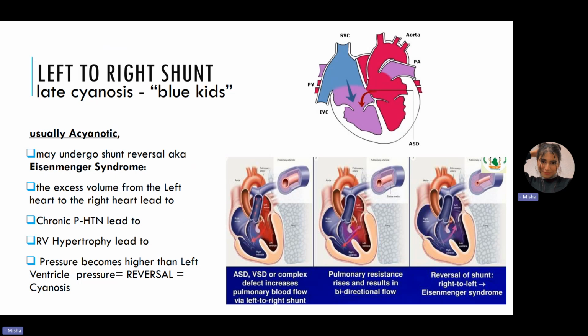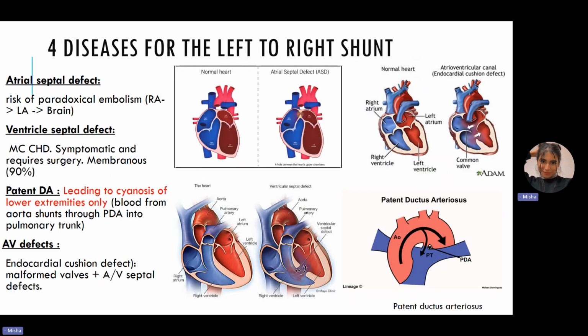Now, that's why in left to right shunt, because it is not direct, it leads to late cyanosis. But on the other hand, when I talked about right to left shunt, I said that it causes cyanosis directly. So let's talk about the left to right shunt. We basically talk about four diseases here: atrial septal defect, ventricular septal defect, patent ductus arteriosus, and atrioventricular defect.